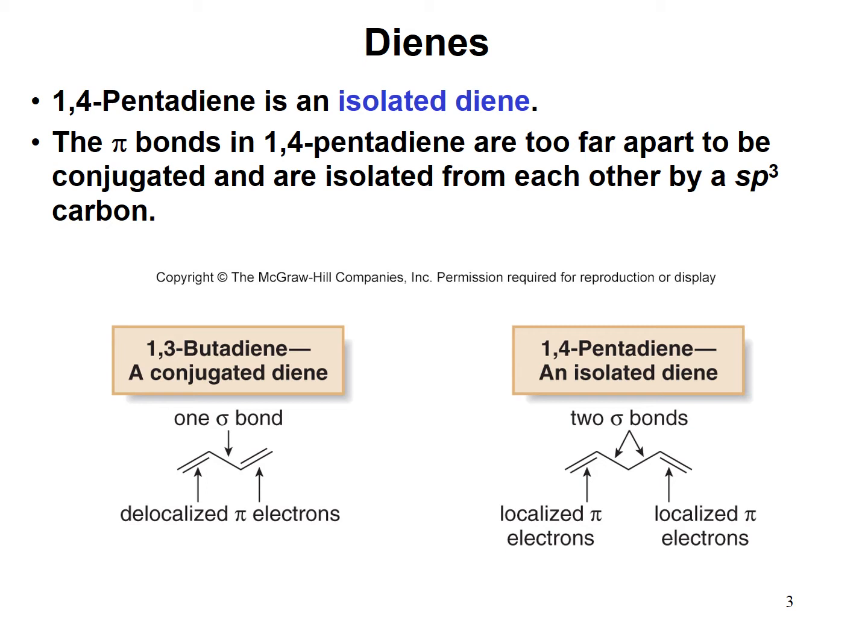With 1,4-pentadiene, the double bonds are located on carbons 1 and 2, and 4 and 5. The sp3 carbon in between the two double bonds does not allow delocalization to occur.